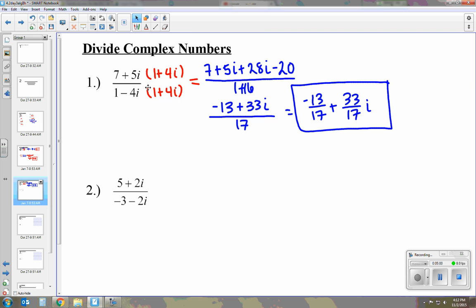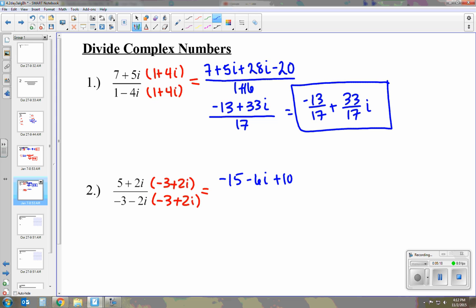We have the conjugate, which is negative 3 plus 2i. FOIL this out. So we get negative 15 minus 6i plus 10i minus 4 all over 9 plus 4.